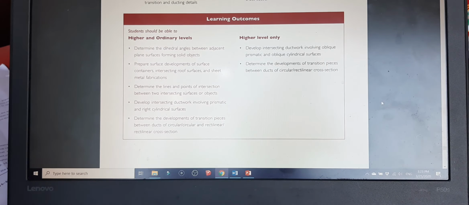So why do students need to learn these new skills, and why does it need to be on the syllabus? I've found out that surface geometry, which my topic roof geometry is in, gives students knowledge and understanding of the manufacturing environment.